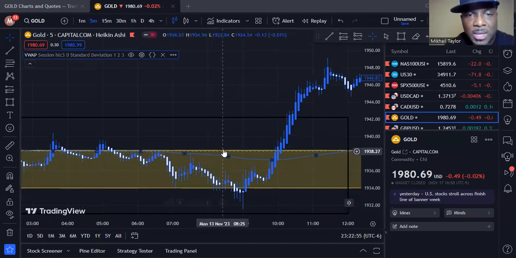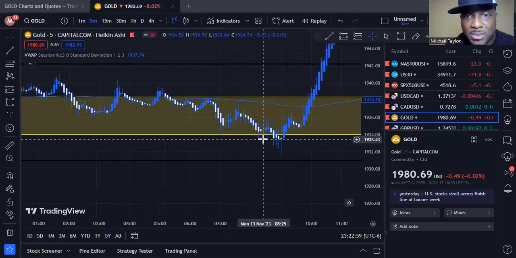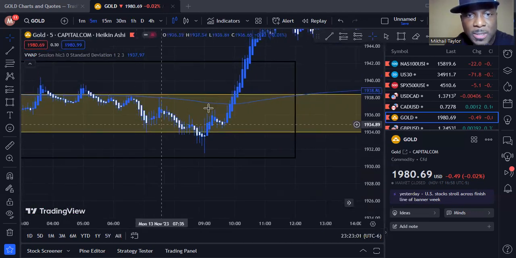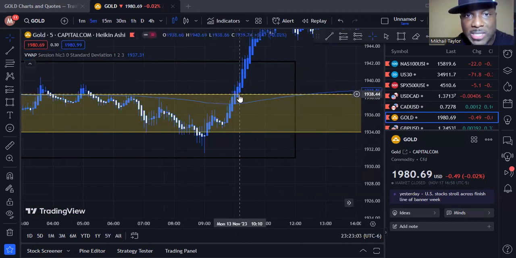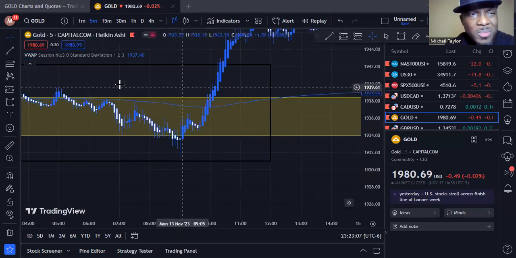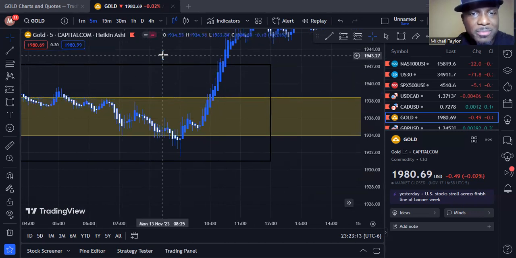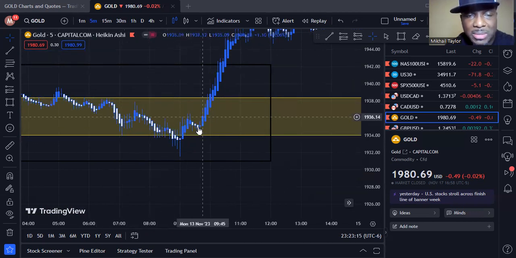Yeah. So I just put the VWAP in there because one of the other things I look at to try to help me is try to take buys when I'm above this VWAP and sells when I'm below. But honestly, because I'm looking more at this as a resistance play, I probably wouldn't even look at the VWAP for this particular play because I'm looking to bounce off the resistance.